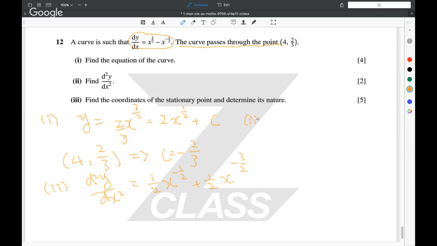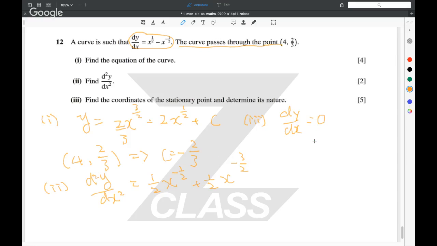The final part of the question is asking you to find the coordinates of the stationary point and determine its nature. So first what we need to do is to set dy by dx to 0. So by definition, stationary points are the points at which the derivative is 0.